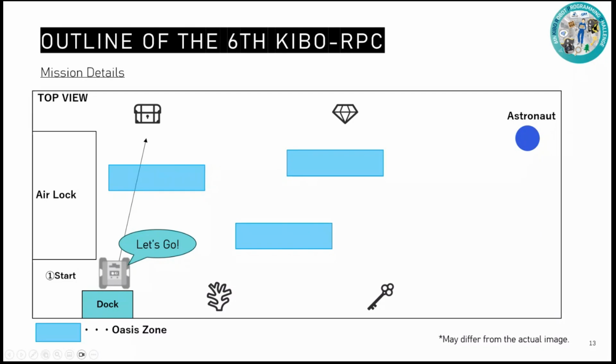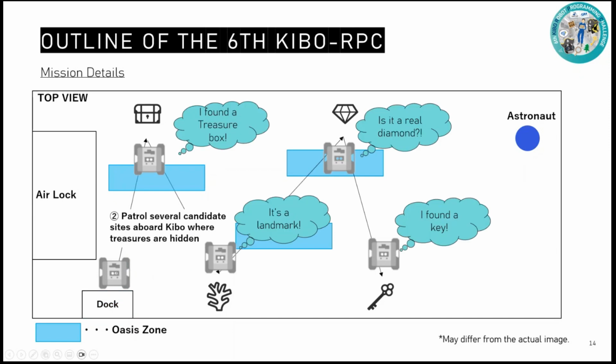First, the game begins as Astrobee undocks from the docking station, here on the screen. Then Astrobee begins its patrol to identify where the treasures are hidden in different locations. For example, you have a treasure here, a landmark here, a diamond or a key. So you have to move Astrobee through the Kibo module.